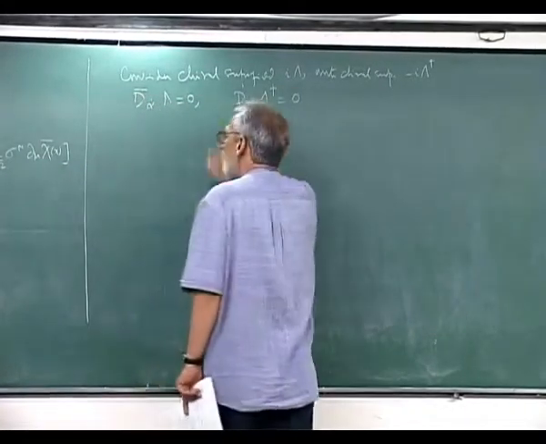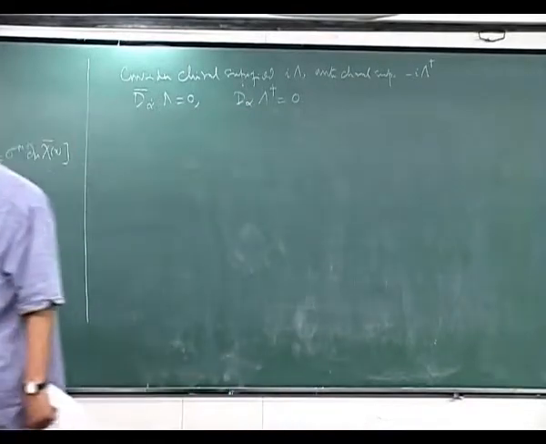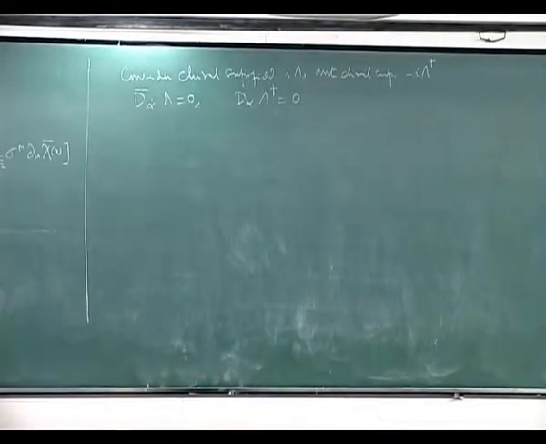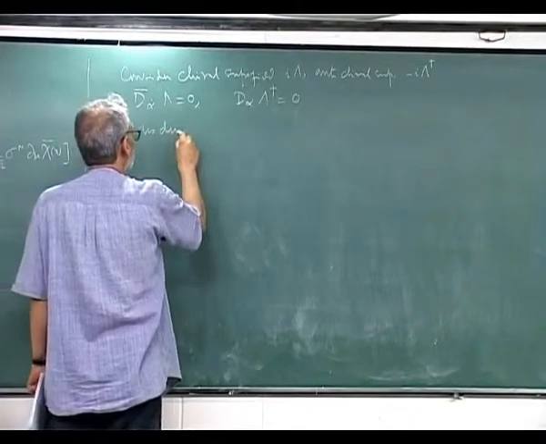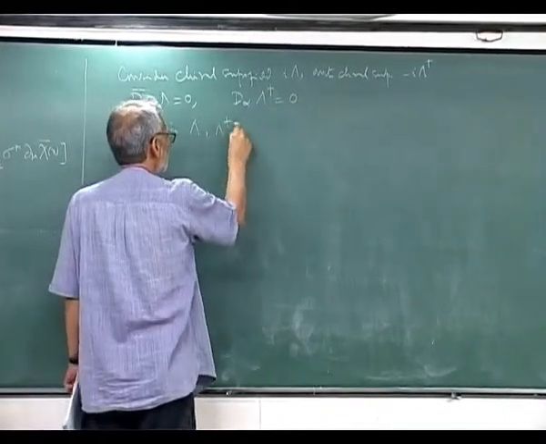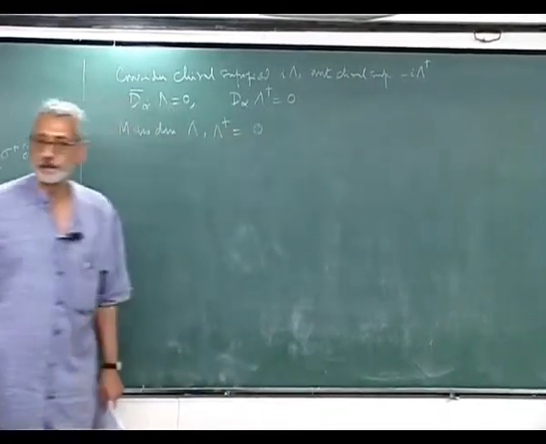Earlier when we wrote chiral superfields, they were constructed to have mass dimension 1, because we wanted to introduce scalar fields. But this one we'll consider to be of mass dimension 0.